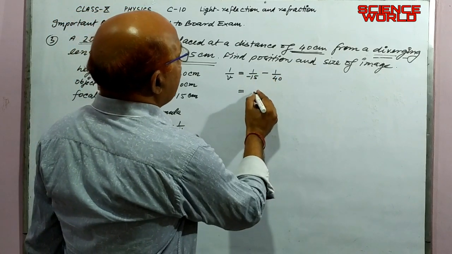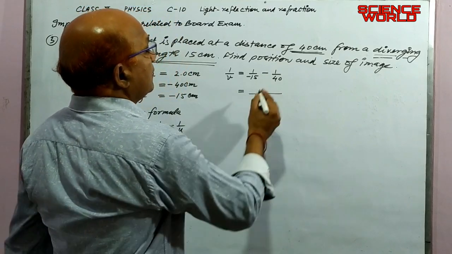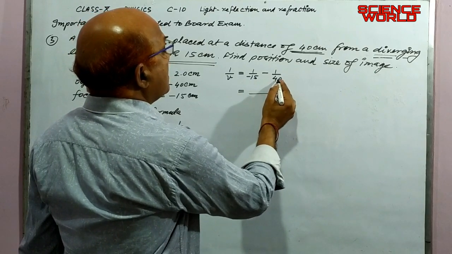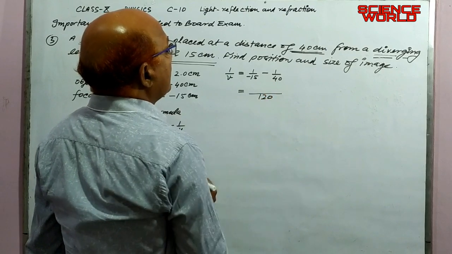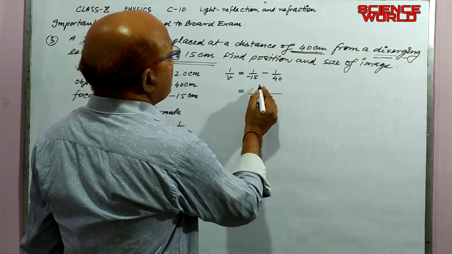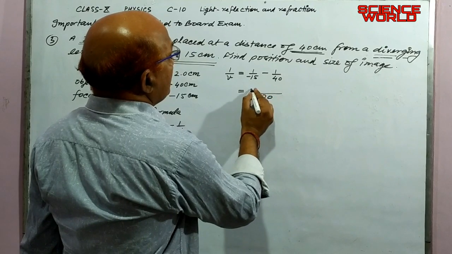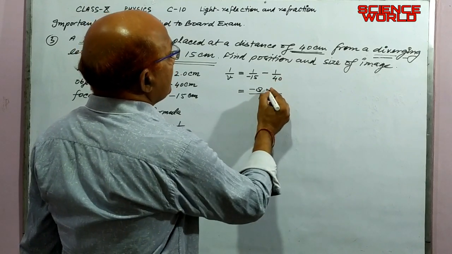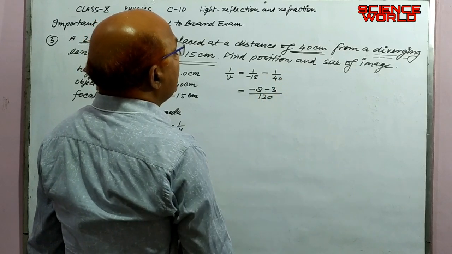Now, take LCM of both. This is 120. So, 15 eights are 120, minus 8; 40 threes are 120, minus 3.